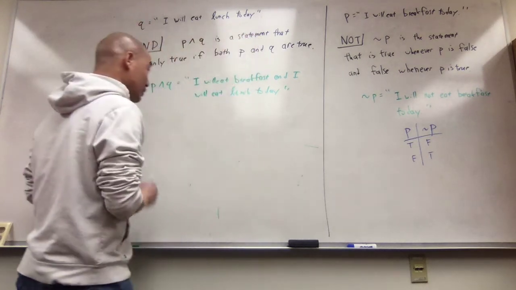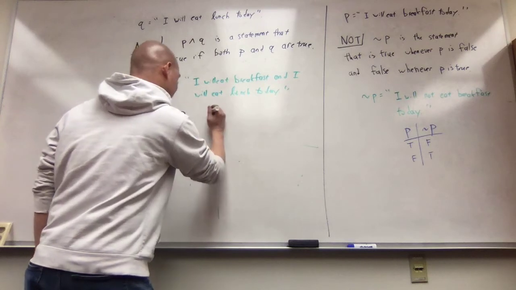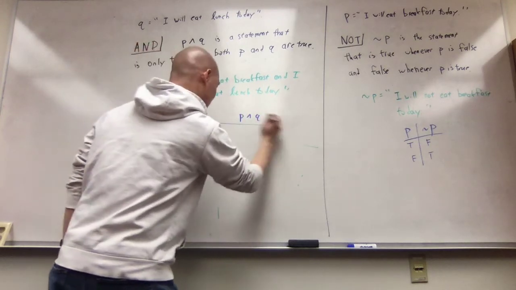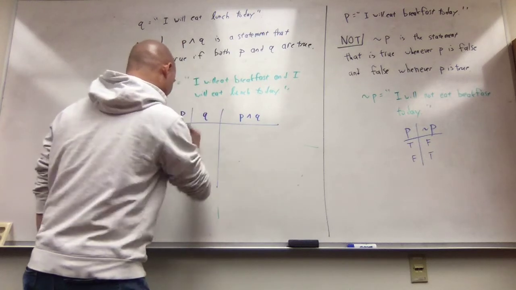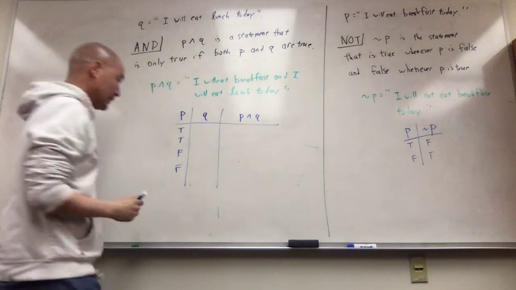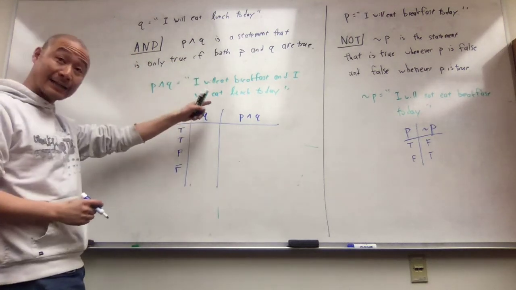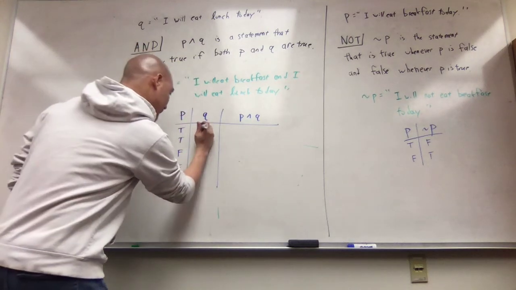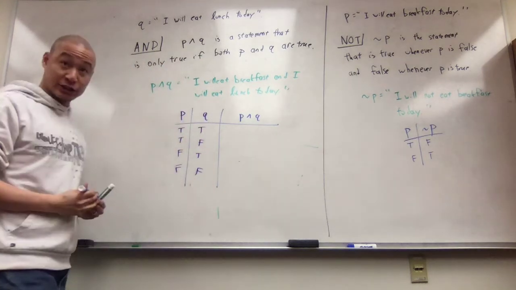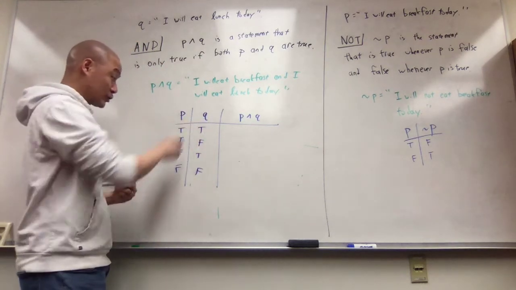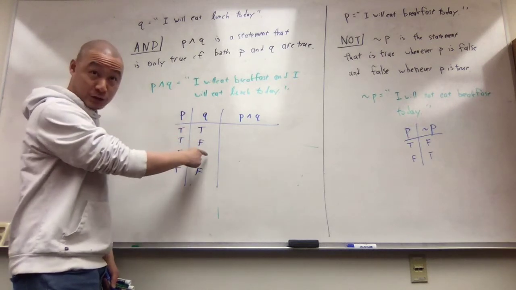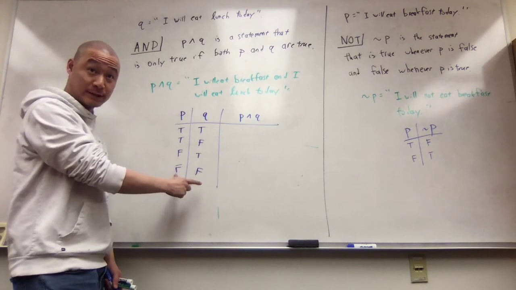So the truth table for something like this is a little more complex because there are 2 values for P and 2 values for Q. And so there's 4 combinations in total. They're both true, P is true and Q is false, P is false and Q is true, they're both false.